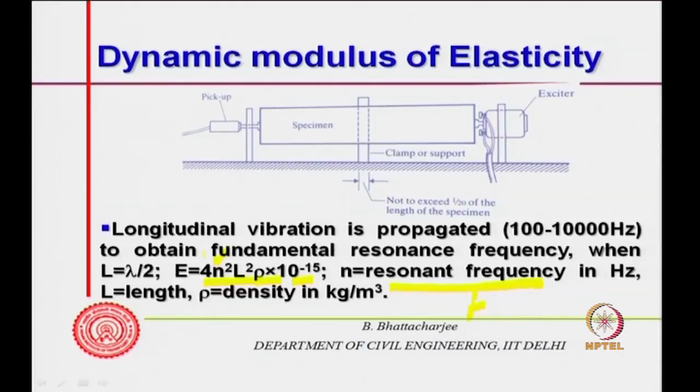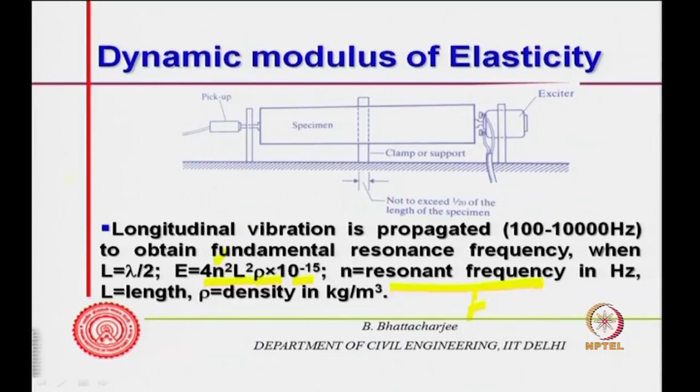So, resonant frequency, this is lambda by 2. Therefore, velocity, and then the rho comes into the picture, because velocity is under root E by rho. So, if you want to find out E, it is proportional to V square.